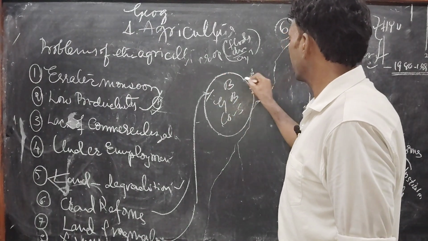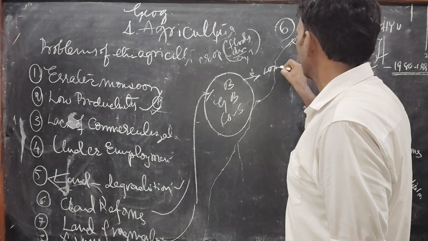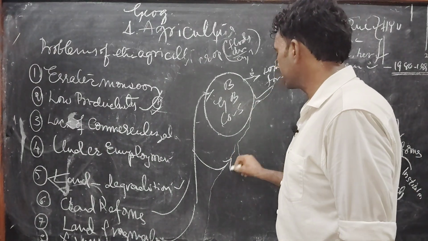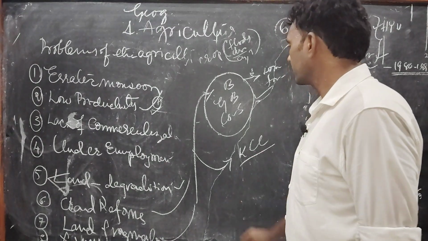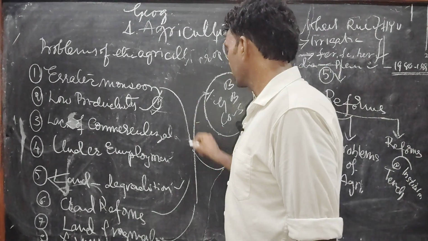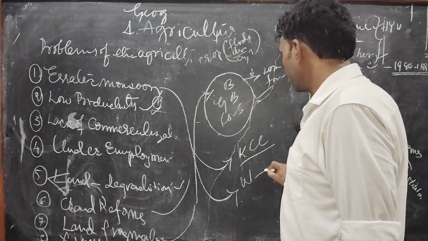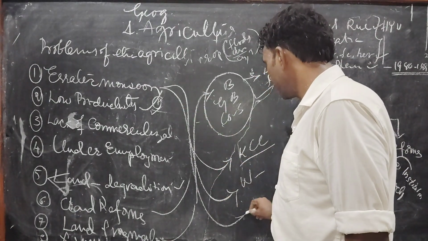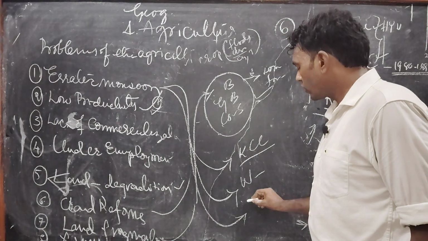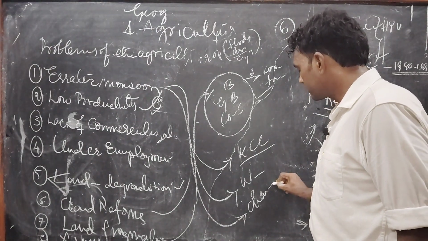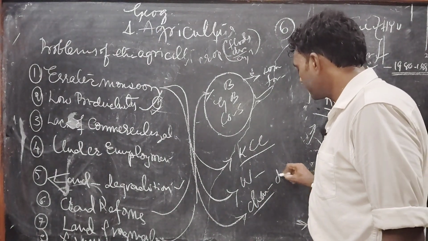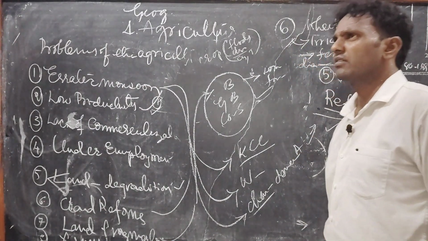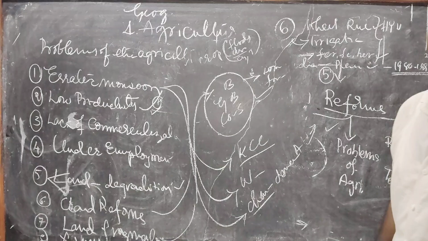These are all for providing loans to the farmers at low interest, and they are also providing KCC, Kisan credit cards, weather forecasting, and some channels for the development of agriculture, like the Kisan channel.